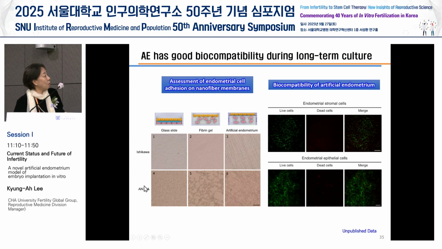We had Ishikawa cells as receptive cells, and AN3CA cells, which are non-receptive epithelial cells, as the negative control.